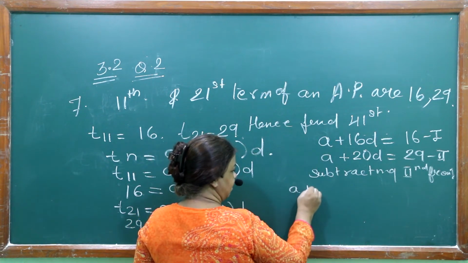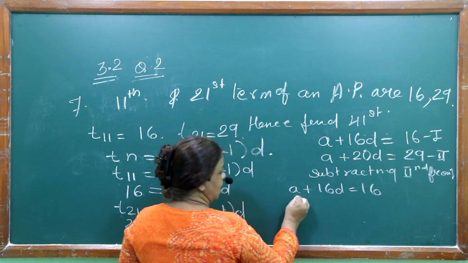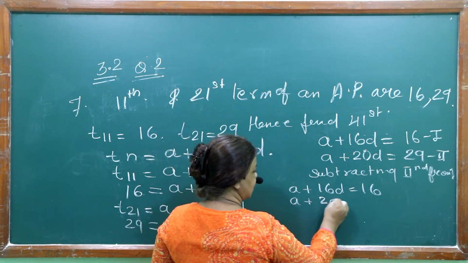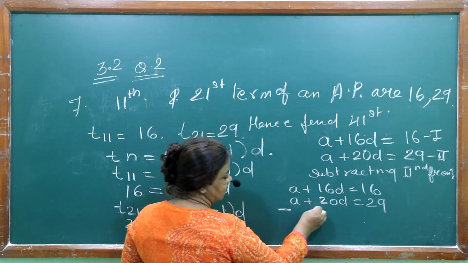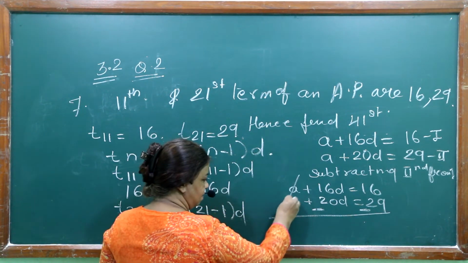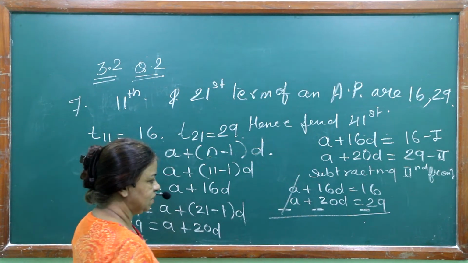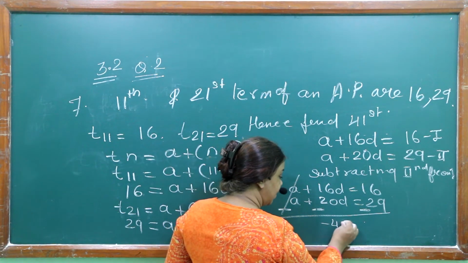So A plus 10D is equal to 16 and A plus 20D is equal to 29. Subtracting means minus. So A and A get cancelled. 10D minus 20D, you will get minus 10D.